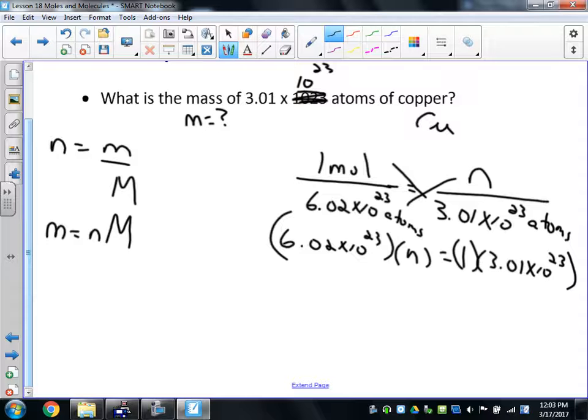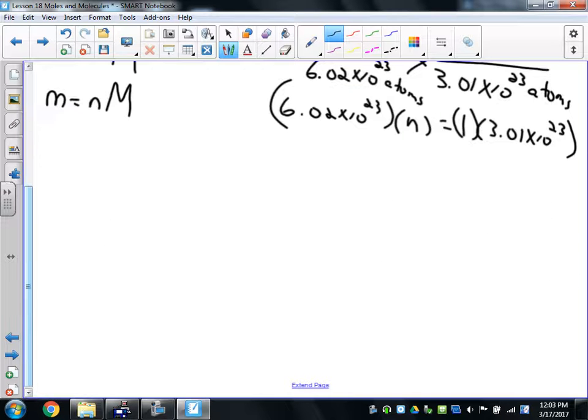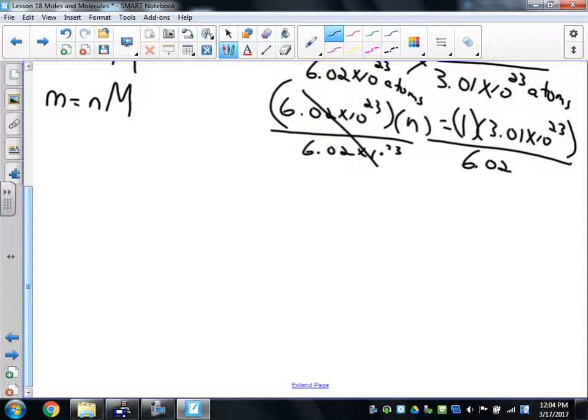We need to get n by itself, so we're going to divide both sides by 6.02 times 10 to the 23. If I divide this by 6.02 times 10 to the 23, that'll get rid of that. And I'll divide this by 6.02 times 10 to the 23, and that is the calculation I need to do. You're going to see a similar pattern. You're basically going to be dividing by 6.02 times 10 to the 23 for these questions.